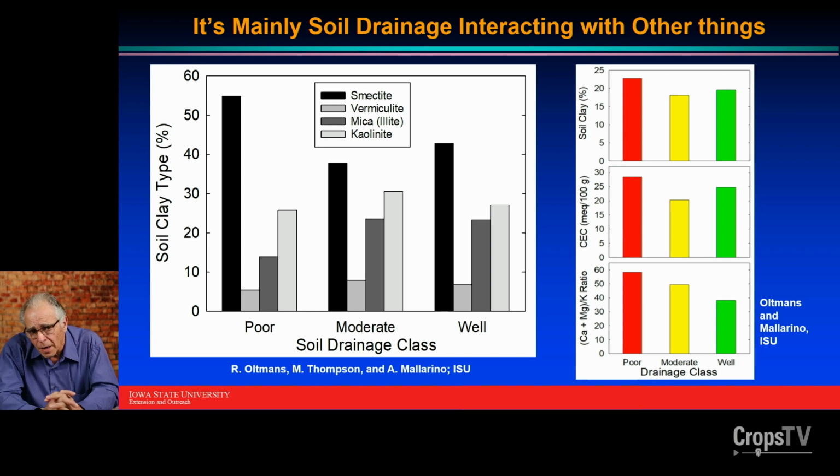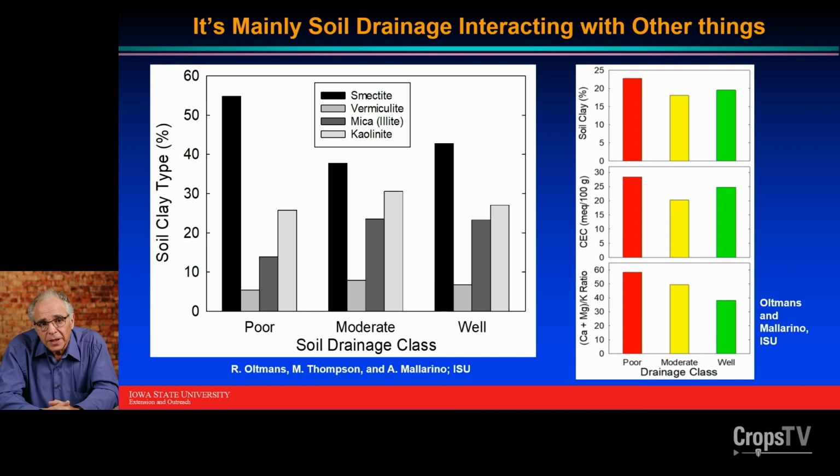So our conclusion here about the reasons why there are issues with these highly productive but poorly drained soils is that it is the hydrology regime in the field. These soils go from saturation to very dry over the year, and then when we come to the lab and dry the samples, we screw up those samples.